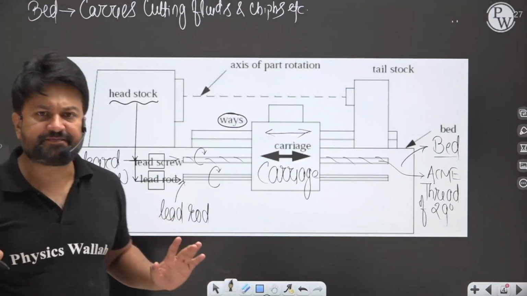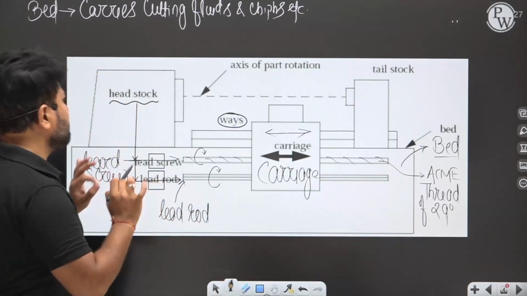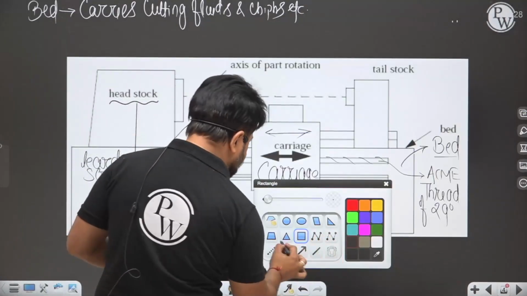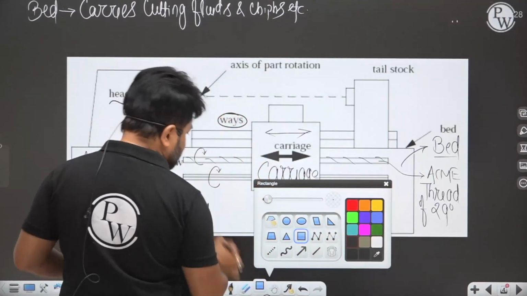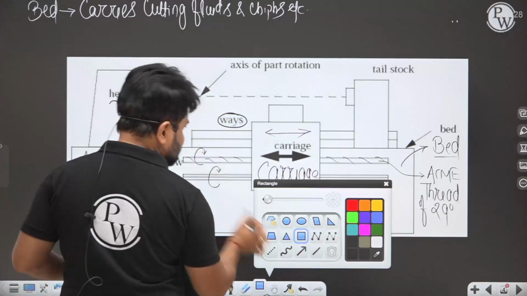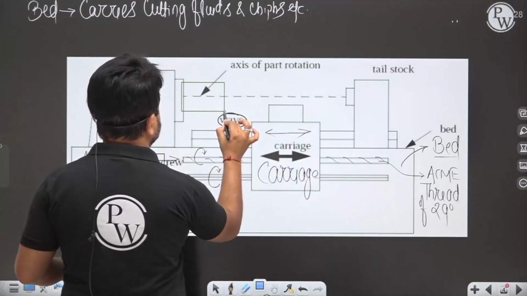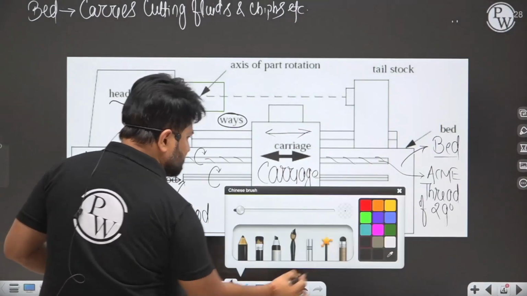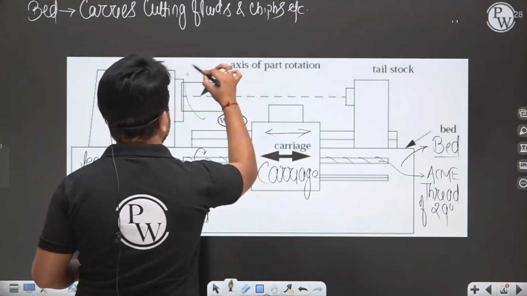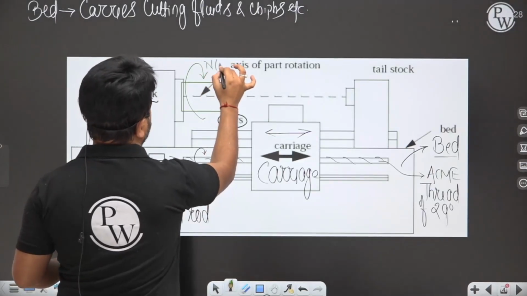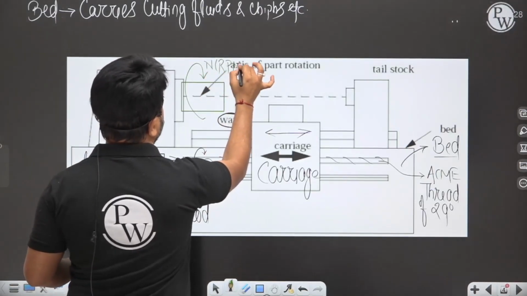Here the workpiece is going to be mounted. Let's say this is the workpiece, and the workpiece will do a rotation of n revolutions per minute.